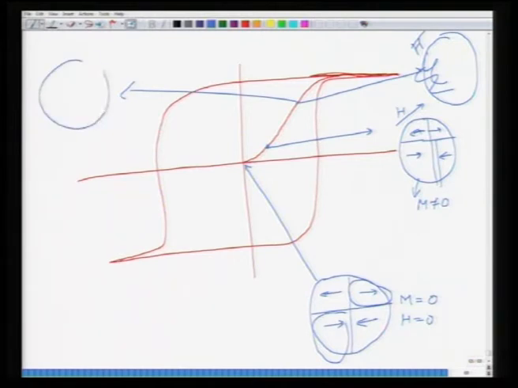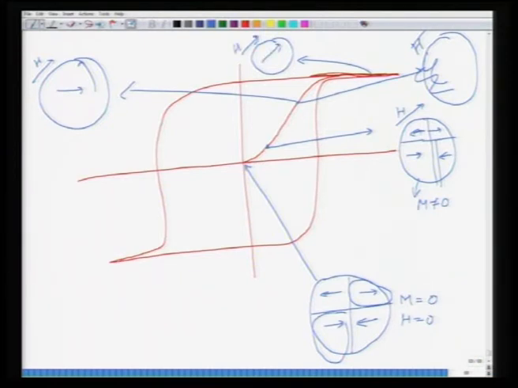So, this is your domain structure. If your field was in this direction, but the domains were aligned in this direction, now, since the field was in this direction, these domains also now have to rotate in this direction. So, when you come to this point, then the field was in this direction and the domains were also in this direction.